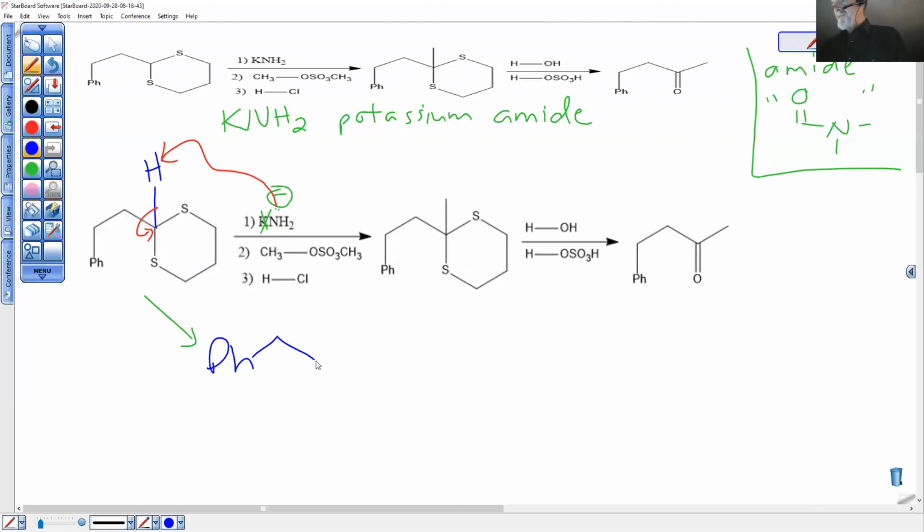CH2 once, twice, C minus, sulfurs here. 1, 2, 3. And in this case, we're not going to attack a ketone like we did in the previous one. We're going to attack whatever this crazy thing is. What is that? That's dimethyl sulfate.